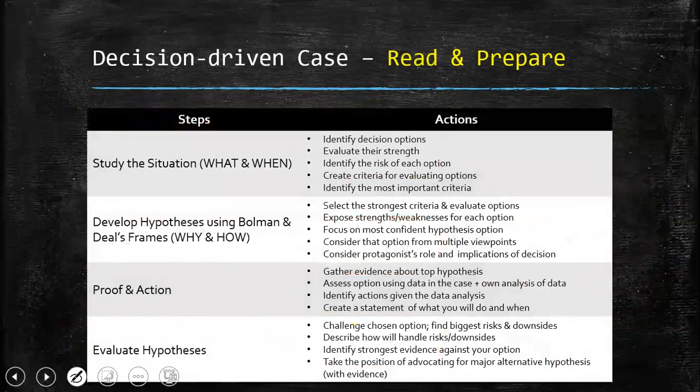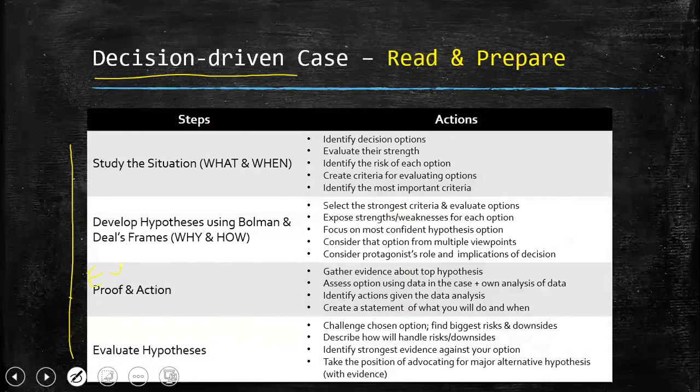So what are some of the things that we've just talked about? What do you need to do when you're looking at, in this case, we're going to use a decision-driven case as the example. Well, first of all, when you're reading and preparing, these are the steps that we just went through. You want to study the situation, that's the what and when. You want to develop hypotheses using Bolman and Deal's 4 frames, that's the why and how. You want to establish proof and action.